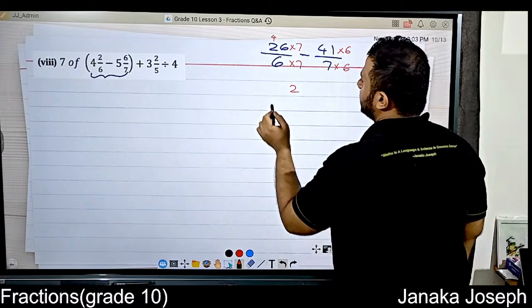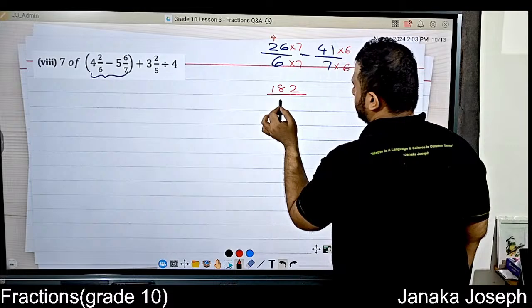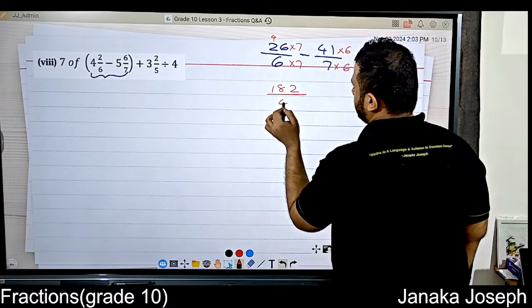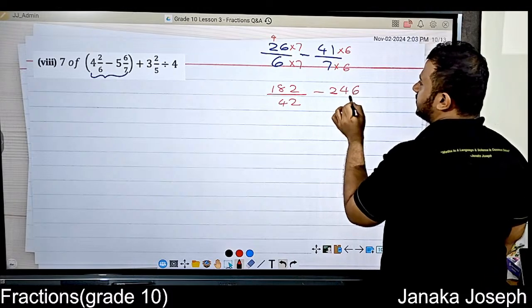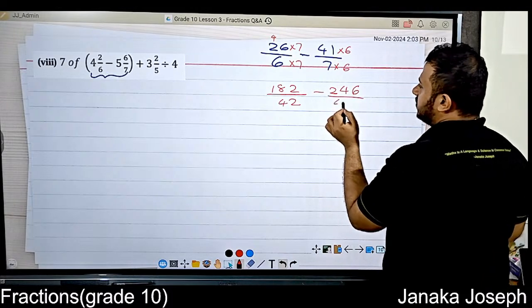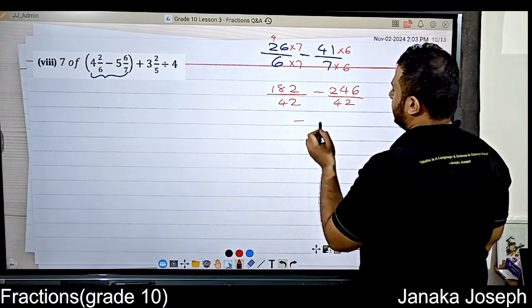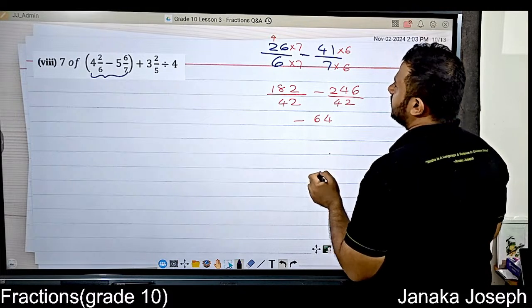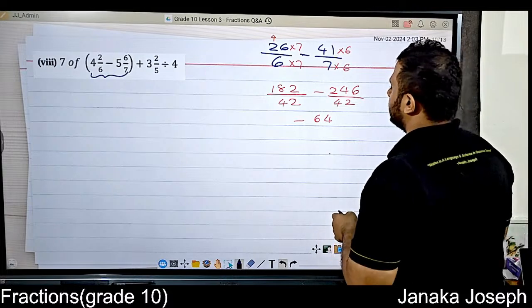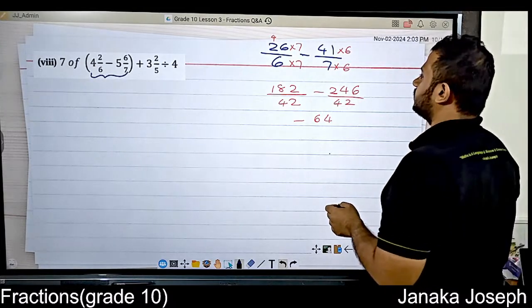And that's a 14, 18 over, again 42, minus 24 with a 6 over 42. And that will give me a negative 4, 6. Or I could have simplified it a little bit. Anyway, it doesn't matter. Negative 64.